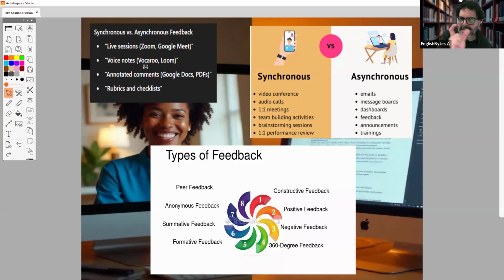They sent me the link of a voice note, and that's what I would use to evaluate. Loom, we talked about it in the previous class, is another way to send voice notes. Annotated comments in Google Docs or PDFs, like I do when I send you the evaluations, and I make those comments on the PDFs to give you the feedback. And of course, the rubrics and the checklists.